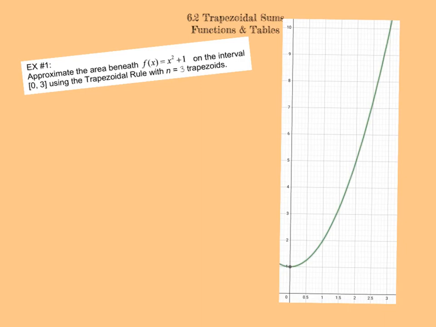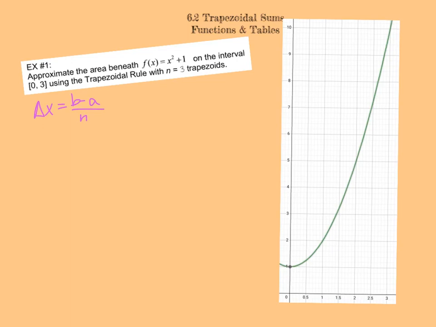Again, I'm very visual, so I'm just going to draw them using purple. Now, before we get to drawing them, I want to figure out what delta x should be. Remember, delta x, the distance between our x values, like the bottom part of our trapezoid, is b minus a divided by n, where b is our upper limit, a is our lower limit, and n is how many trapezoids we want.